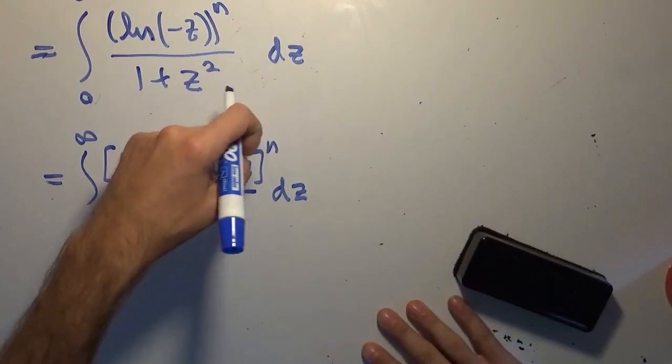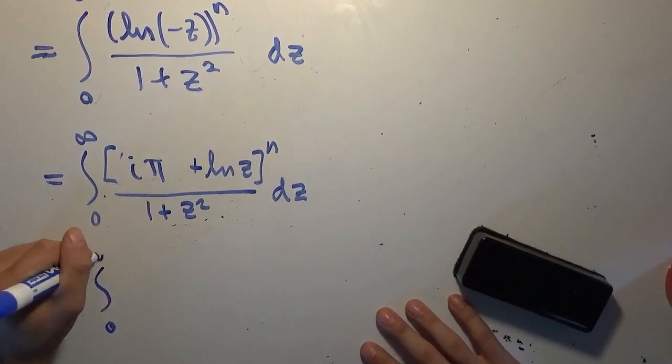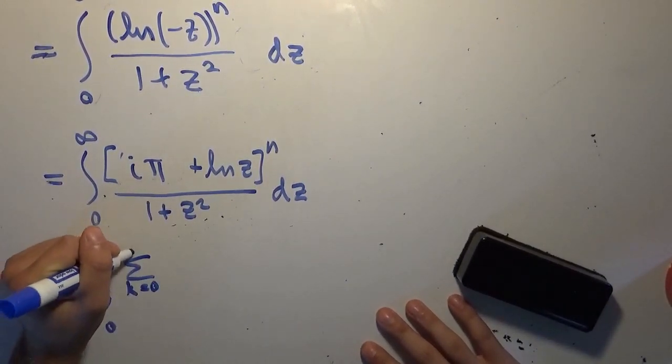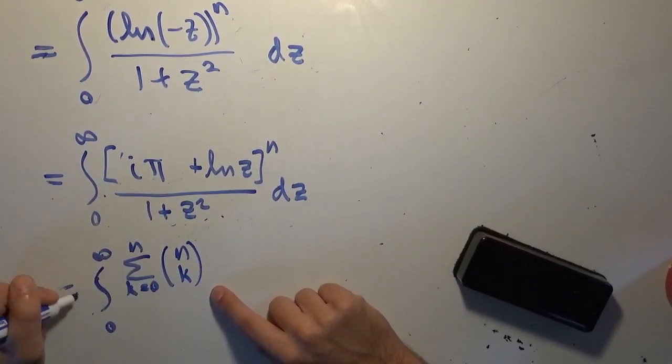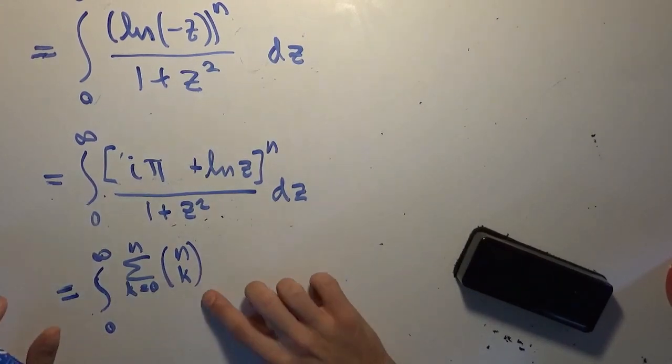I'm going to rewrite this power of a sum using the binomial theorem. So we have the integral from 0 to infinity of the sum from k equals 0 to n of n choose k, which is just a function over different factorials. We'll need to represent it that way later on, but this is more compact, so I'm going to use this for now.